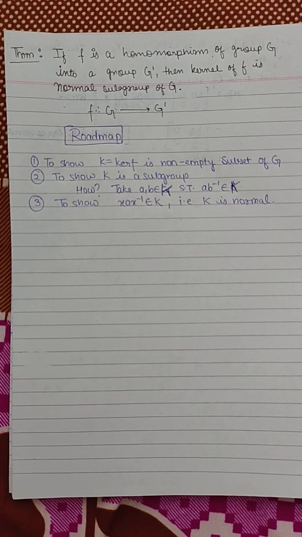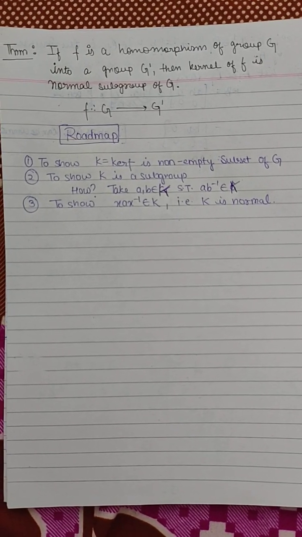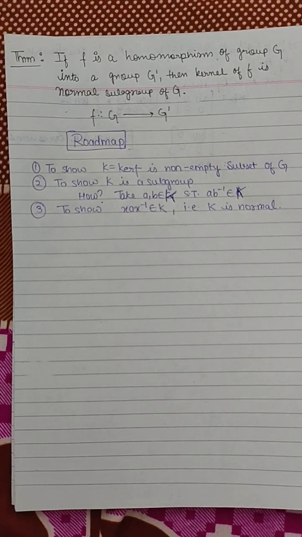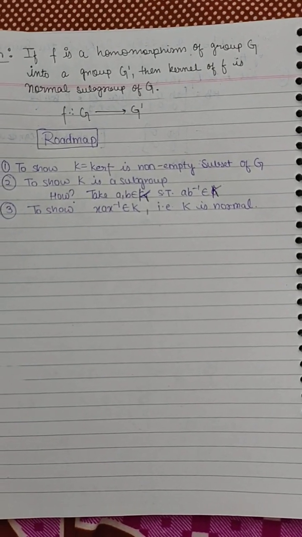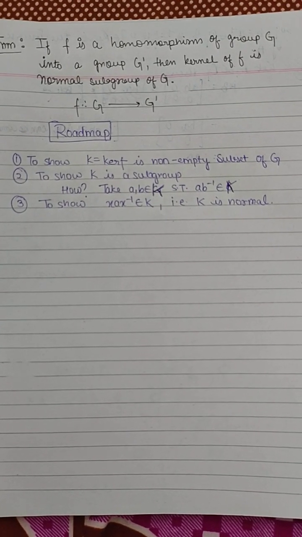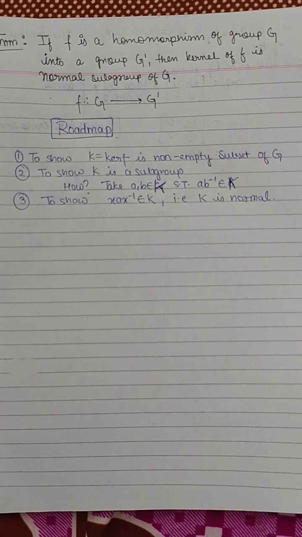And before proving it a subgroup, we need to prove it as a non-empty subset of G. So the very first step is to take K equals the kernel of f, a non-empty subset of G.